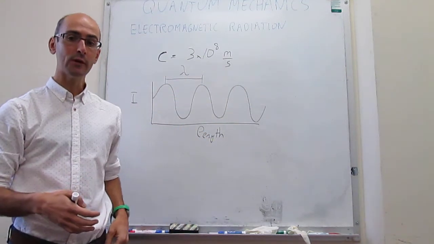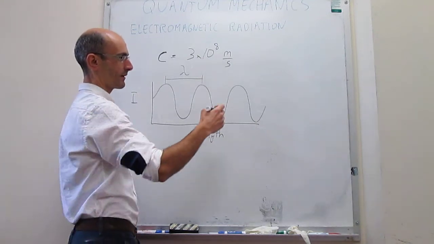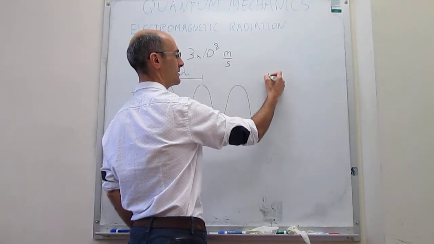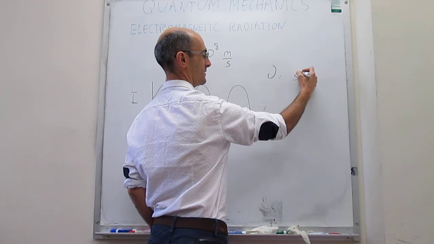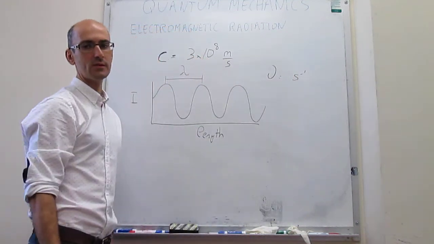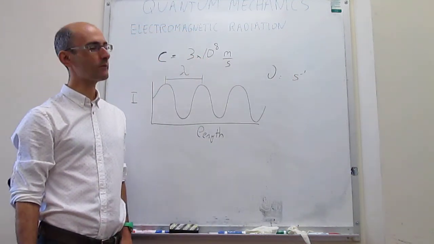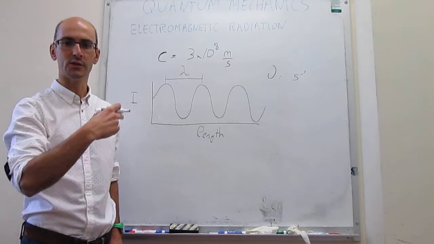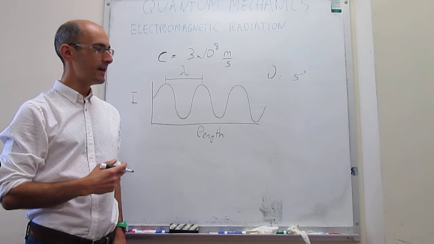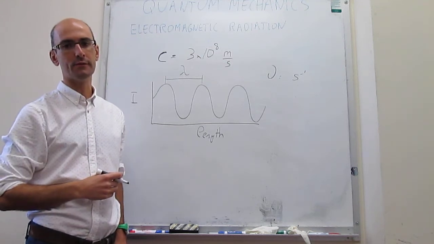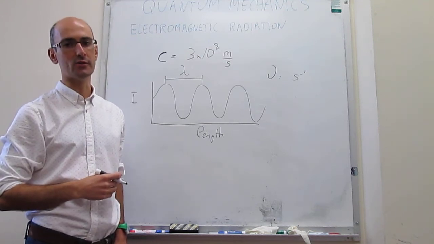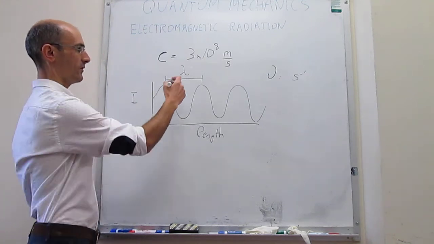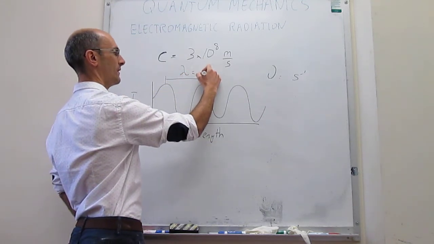That's what we call the frequency of the electromagnetic radiation, and this has units of per second. Typical UV-Vis frequencies will be 10 to the 15 per second. So it's propagating very fast, and that also depends on the type of electromagnetic radiation that you have. The wavelength has units of meter.